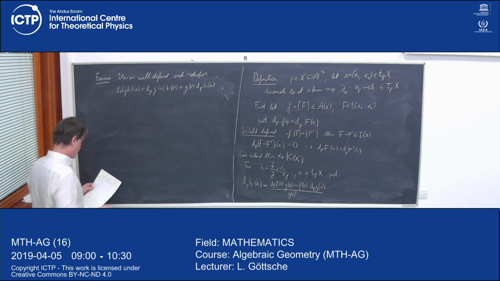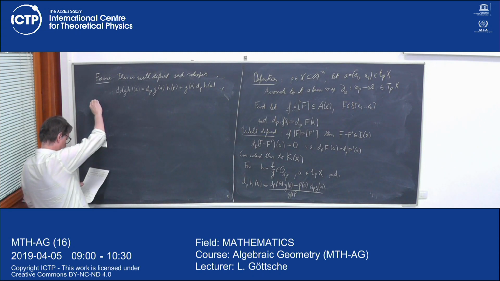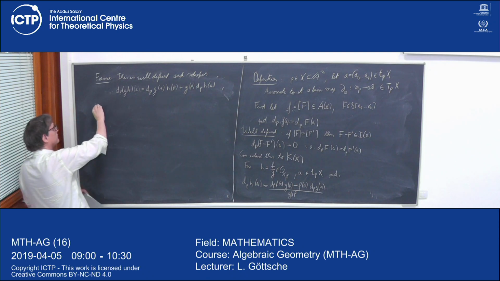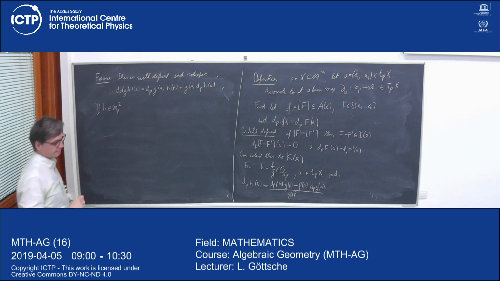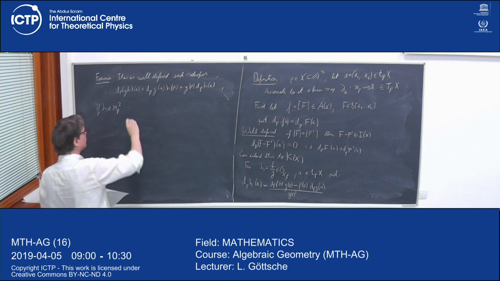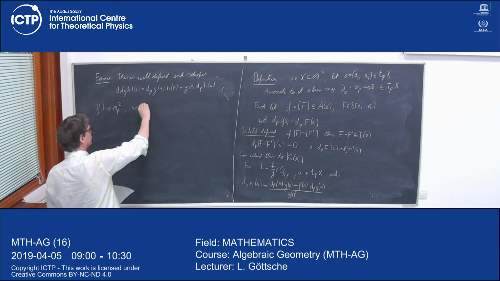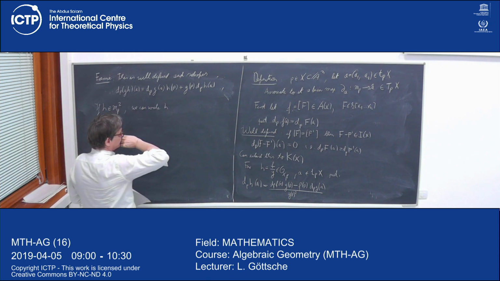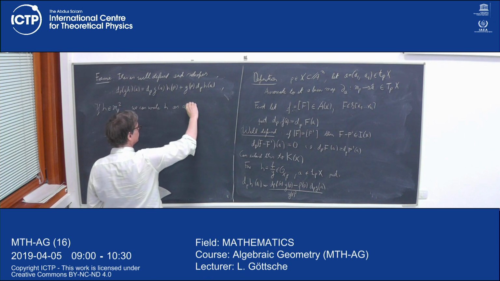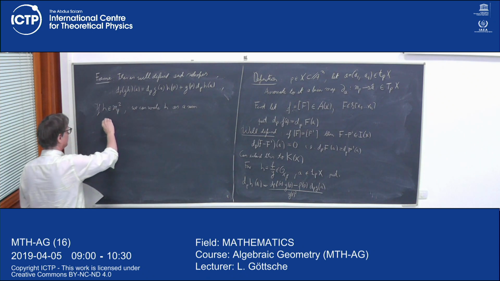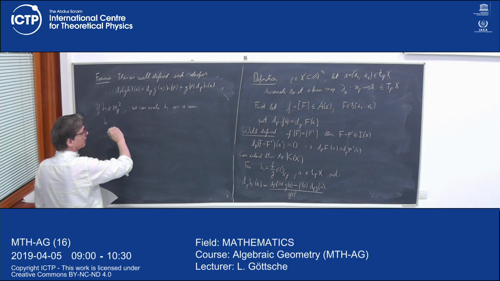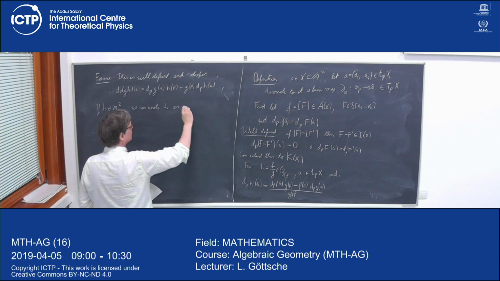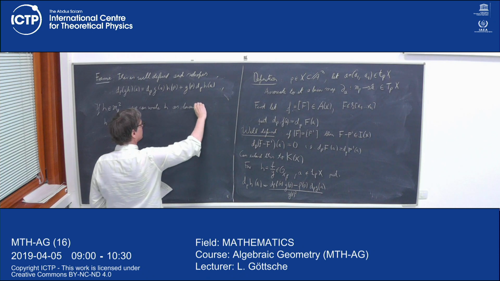So in particular, if H is an element in MP squared, then we know H is a sum, or linear combination, of products of elements of MP.